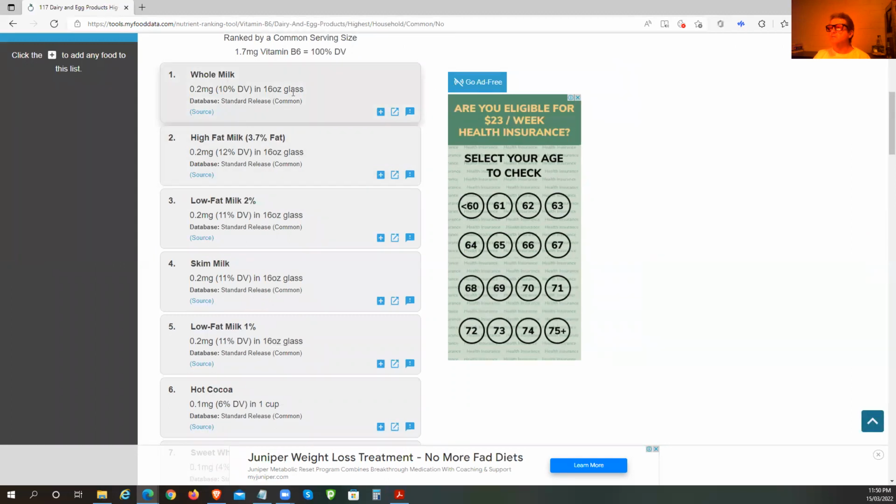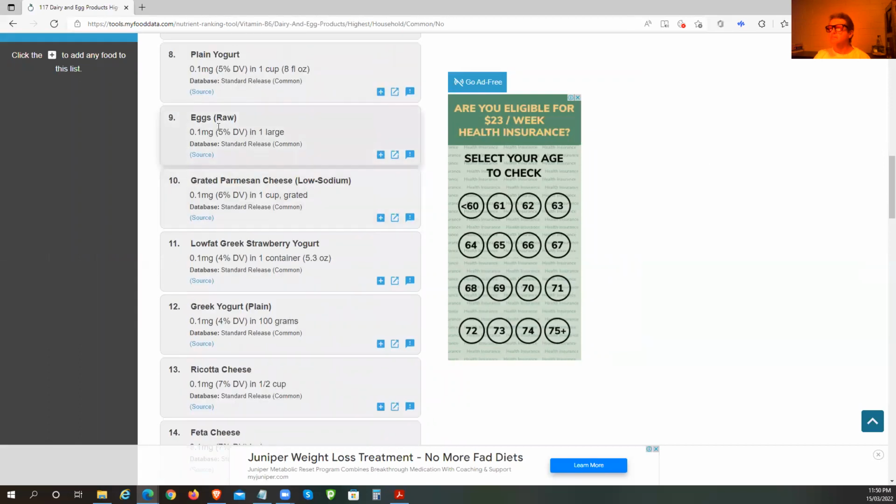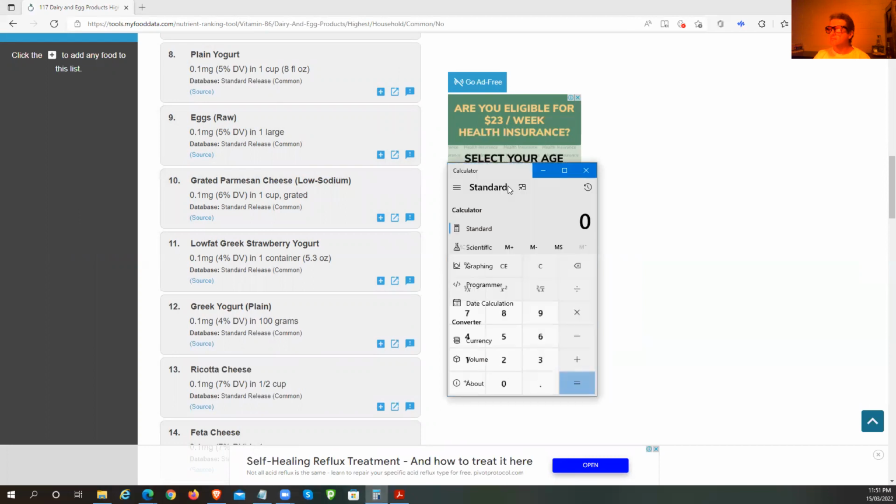So whole milk, a 16-ounce glass, you get about 10%. One large egg, about 5%. So if you're having 4 eggs, it's about 20%.